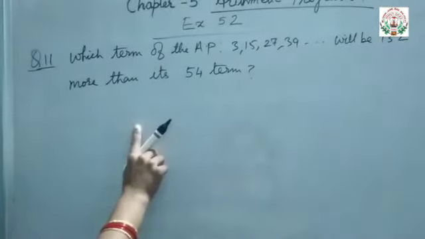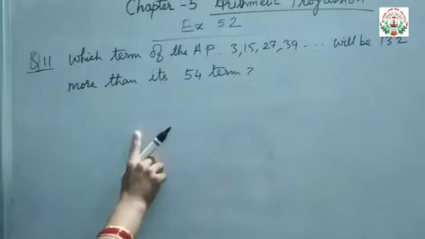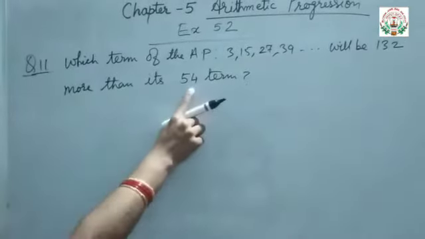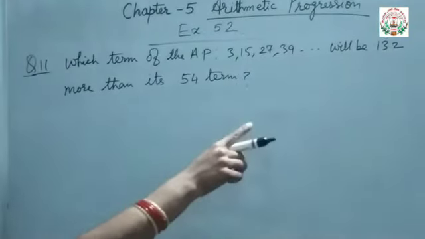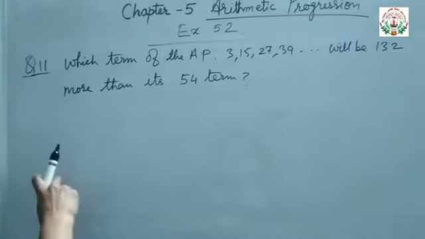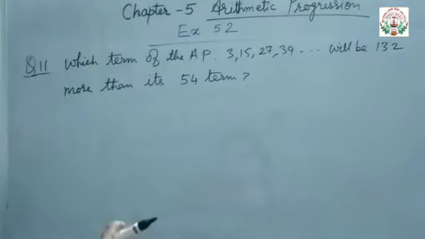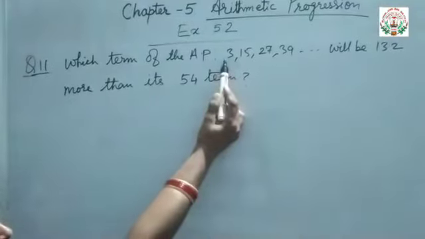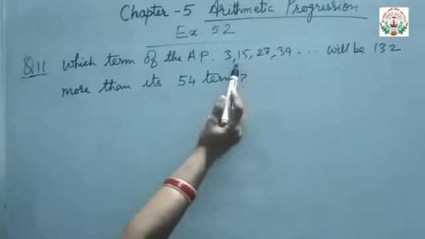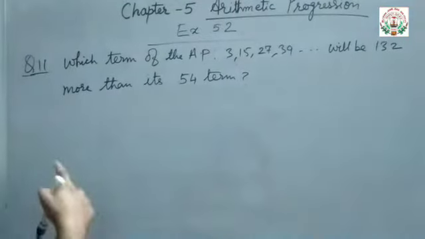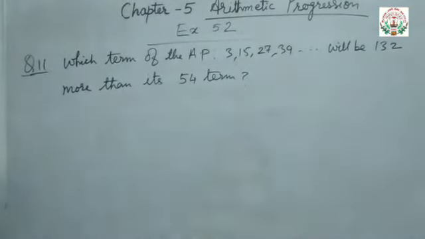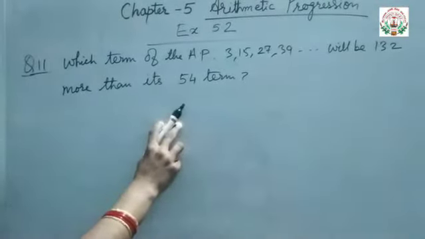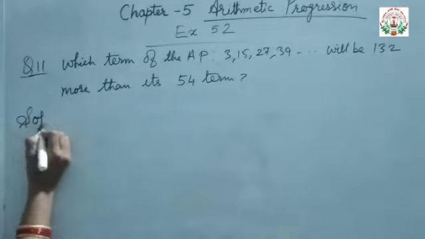Let the term be n, nth term. So we will write the nth term formula, and minus this term will give 132, like the previous question we did. And then we will find the value of n, because from the AP series we can find A and D also. So we have to find n only, which term is 132 more than the 54th term. Clear? So now let us see the solution.